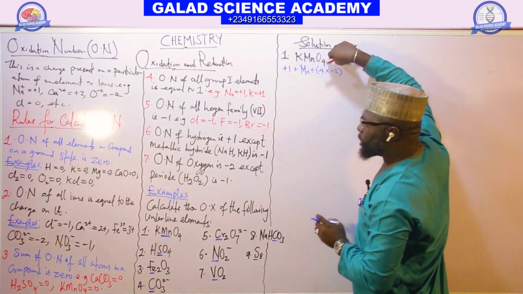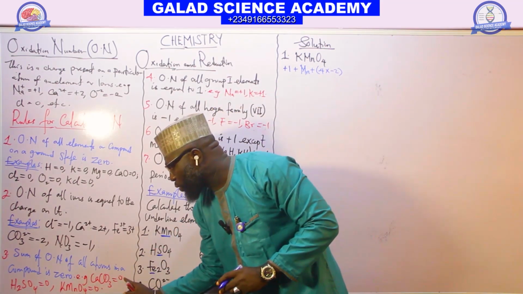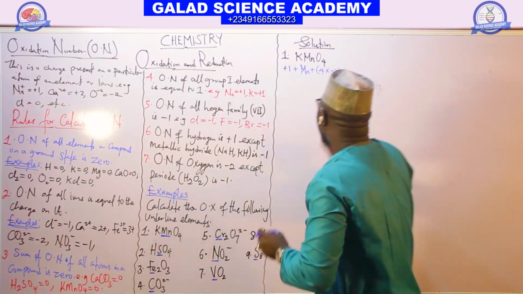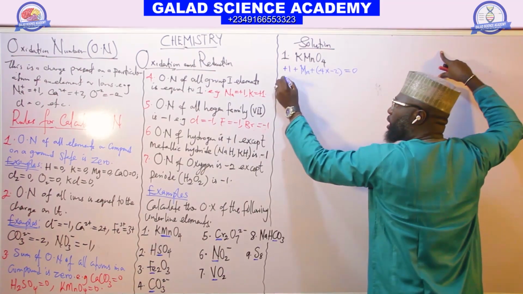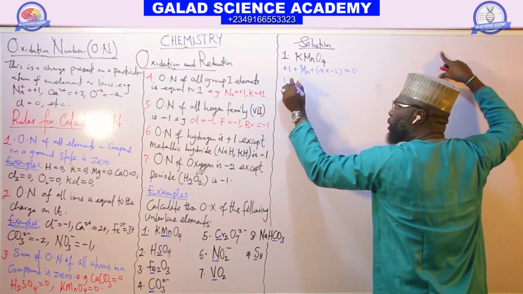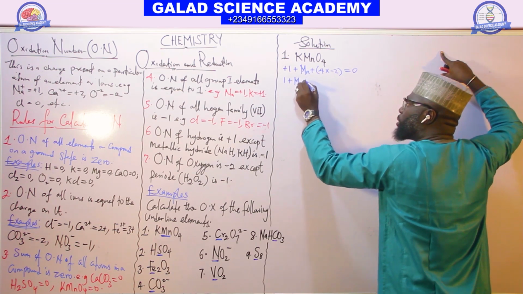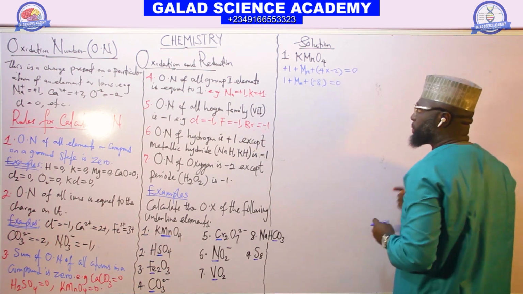This is a compound, and the sum of oxidation numbers of atoms in a compound is equal to 0. So 1 plus Mn plus 4 times -2, which is -8, equal to 0.